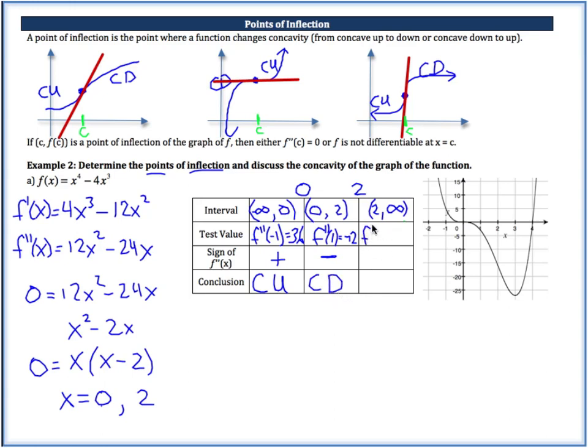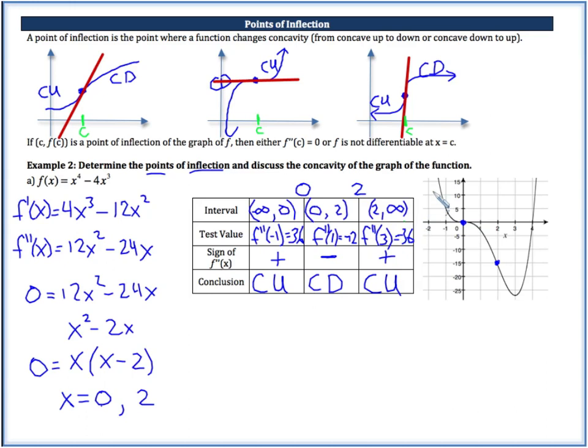And here, let's just try 3. 3 squared is 9, 12 times 9 is 108, minus 24 times 3, which is 72. 108 minus 72 is 36. That's positive, and so we get concave up. Our possible points of inflection are right here at 0 and at 2. What makes them points of inflection is if it switches concavity at that point, and you can see that it does.